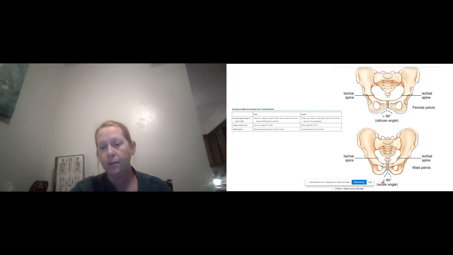On a male pelvis, you see how it comes up right there? It is an acute angle. Now, a male pelvis is more shallow. To me, it looks more like a little butterfly. If you can see the little white part there, it looks kind of like a butterfly. Over here, it looks much bigger. And that's to fit the baby head down for childbirth.